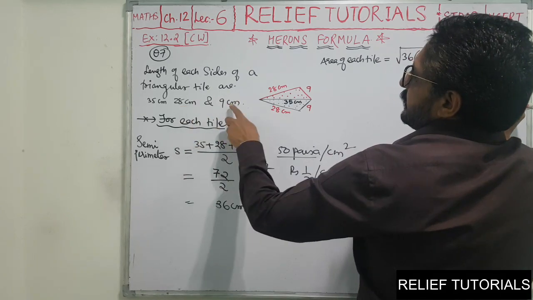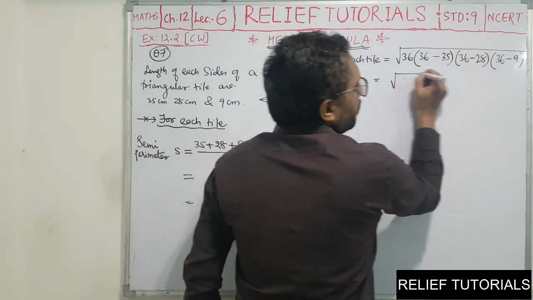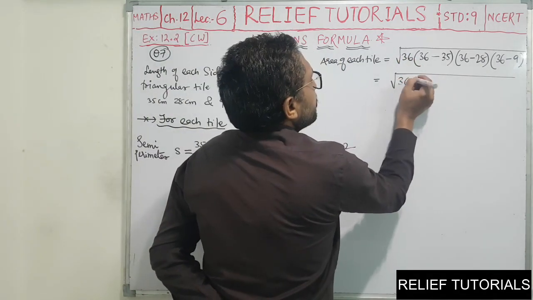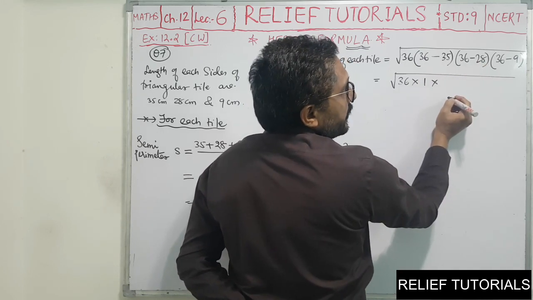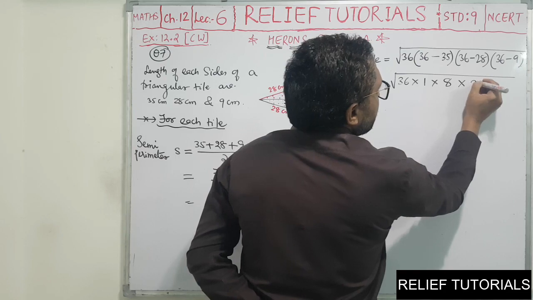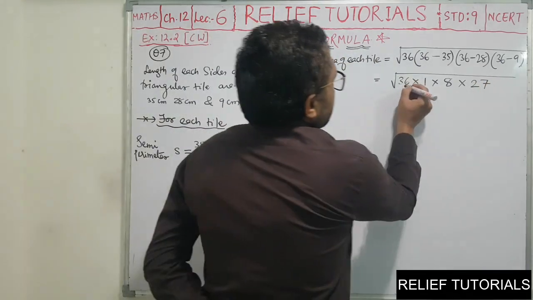S minus c, c is 9. Here, I am not writing the formula. So now 36 minus 35 is 1. 36 minus 28 is 8. 36 minus 9 is 27. See, 36 is a perfect square.